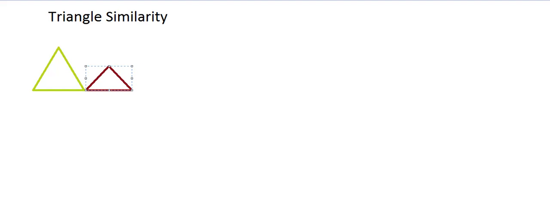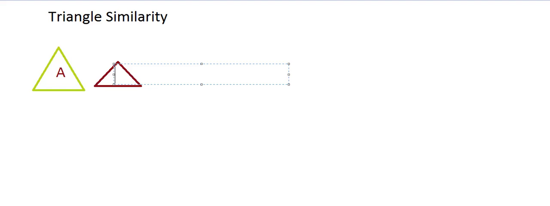Let's use variables: this is triangle A, while here this is triangle B. Now, for example, this side measures 5.